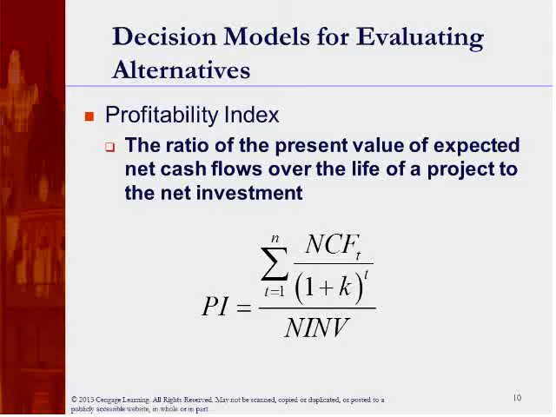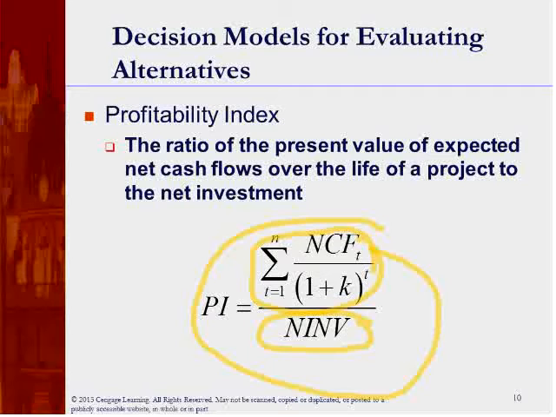Now, the profitability index is nothing but NPV expressed as a ratio. What you do here is take the present value of cash inflows and divide it by the net investment. So for example, you take the present value of cash inflows. What was the problem here again? Let me go back to the problem.